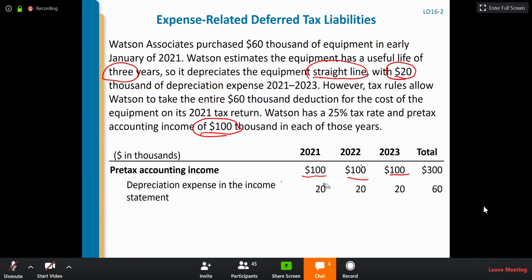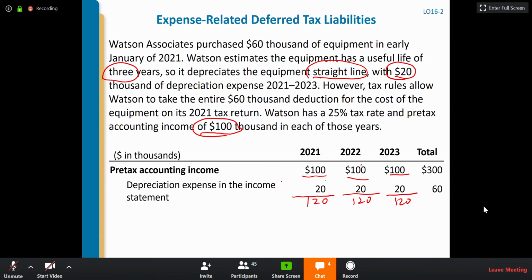So first thing we want to do is calculate, let's say we exclude the depreciation. If we exclude depreciation, then each year the pre-tax accounting income will be 120. You add it back. Everyone's okay? So we exclude that $20,000 depreciation expense, then our income should be 120.